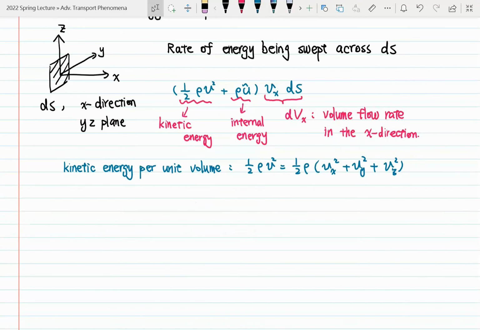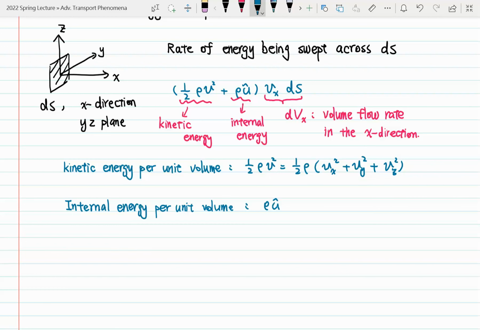And then we have the internal energy per unit volume, which equals rho U-hat.